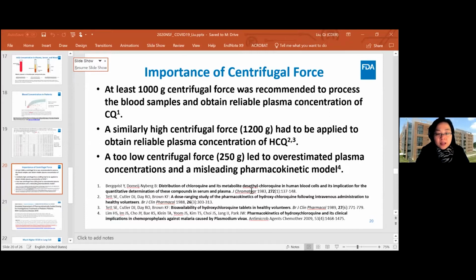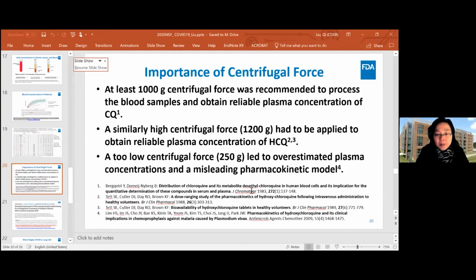To make things even more complicated, the centrifuge force is very critical for the proper processing of the blood sample. Again, scientists figured out this minimum centrifuge force back in the 1980s. 1,000 G was recommended for chloroquine, and an even higher centrifuge force of 1,200 G was applied to get a reliable plasma concentration of hydroxychloroquine.